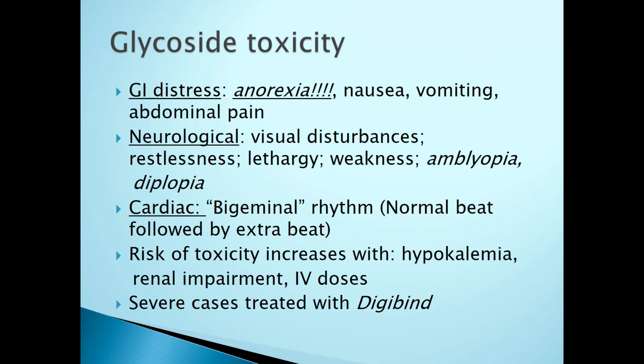Visual disturbances include clients seeing halos around objects, maybe a yellow-green tinge or blurring. EKG is taken, and the client might demonstrate a bigeminal rhythm. It's a normal heartbeat followed by a tiny extra beat. It shows up on EKG.